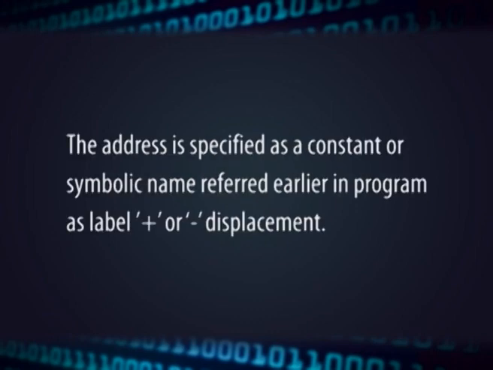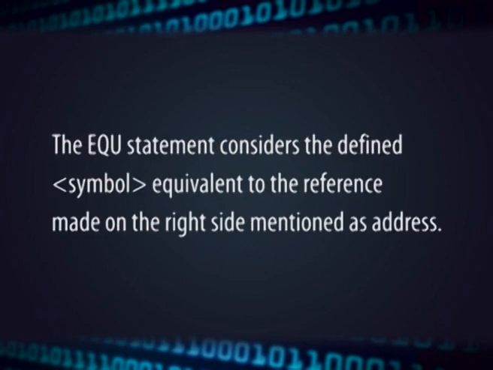The address is specified as a constant or a symbolic name referred earlier in the program as label, plus or minus a displacement. The EQU statement considers the defined symbol equivalent to the reference mentioned on the right side as address. So, this is all about the facilities provided by the assembly language program over and above the facility provided in the machine language program.